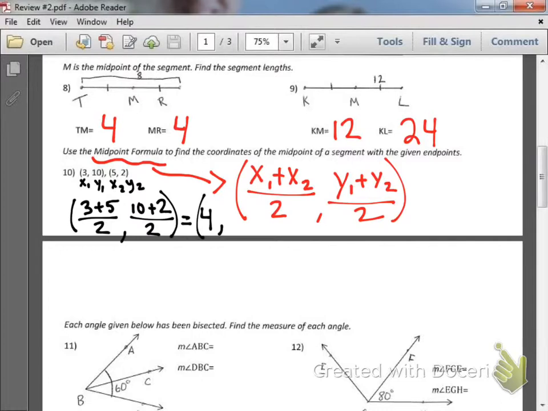And then you divide it by 2 and you get 6. Good. Step ahead of me. So your answer here is 4, 6. And again, that midpoint formula would be very important to put on your note card. What are your questions?